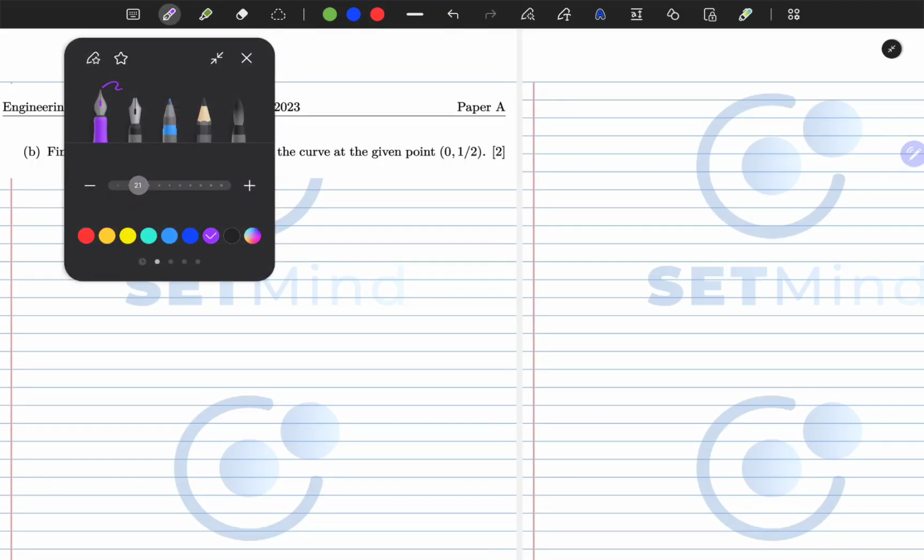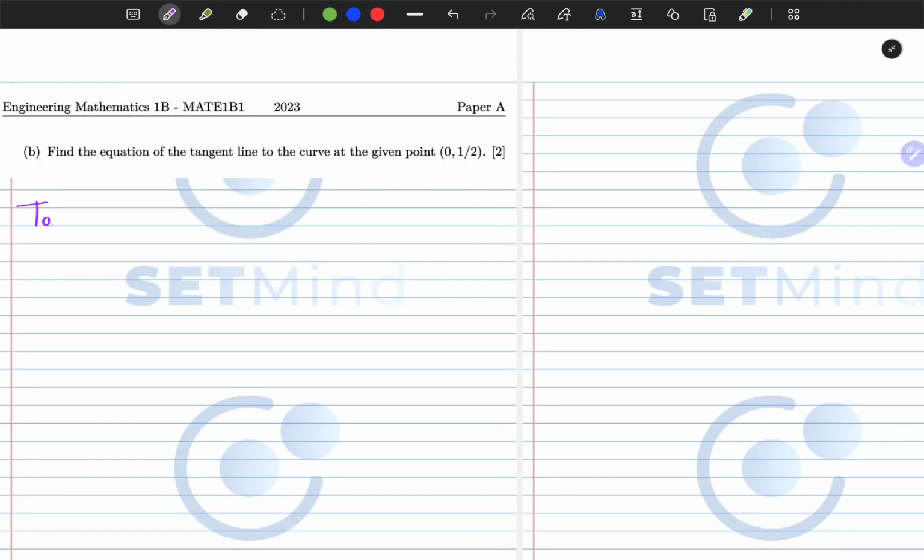So what you should remember is a couple of things, which is that a tangent is obviously a straight line. So what that means is that the equation of a tangent will be y equals mx plus c, where m will be the gradient of the tangent at the given point.